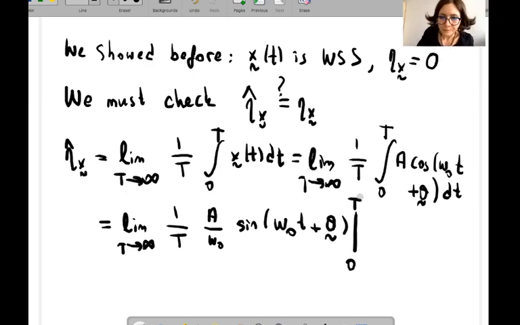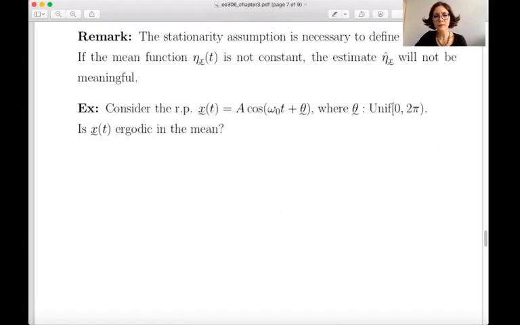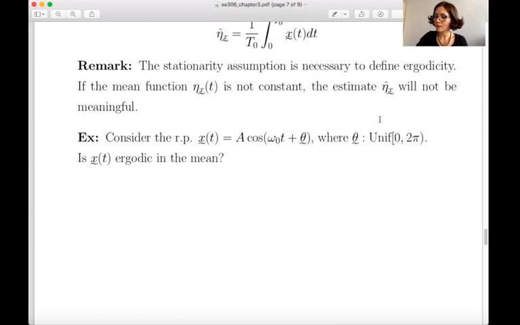Now, let's discuss the role of theta in here. Remember, we are integrating a single realization of our random process. My random process is defined in this way, so the only randomness comes from this phase term theta. But here we're talking about the time average of a single realization.